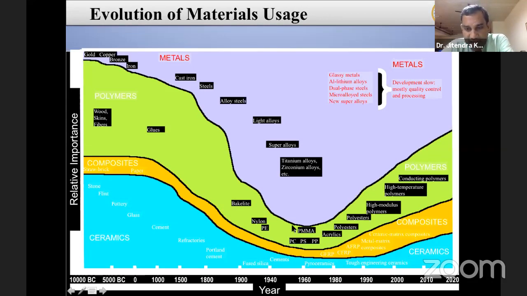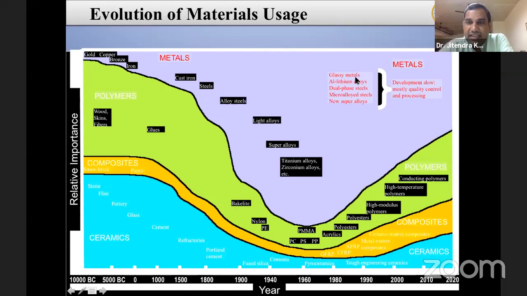And in ceramics also, in 1940 they made cement, and that is widely used for construction purposes. That is the types of ceramics. And in metals nowadays, even though super alloys, smart materials, and other things have already evolved, they are used in various applications.